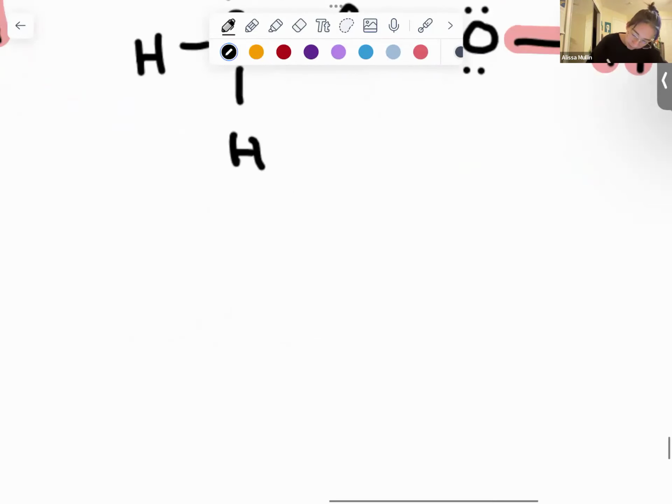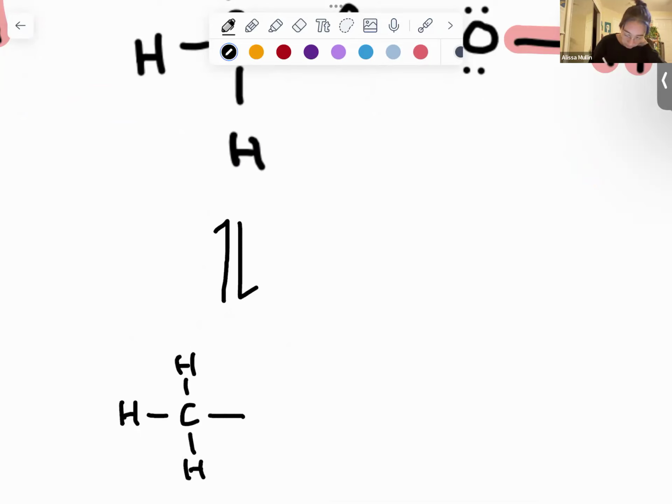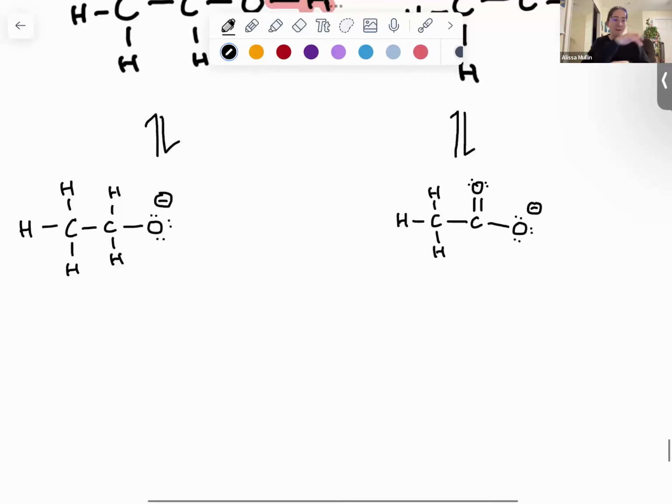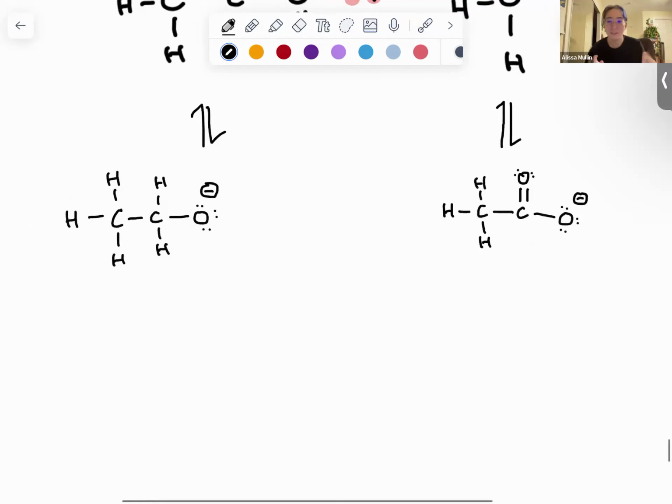And for this one would look like this. Okay, so here are two conjugate bases.